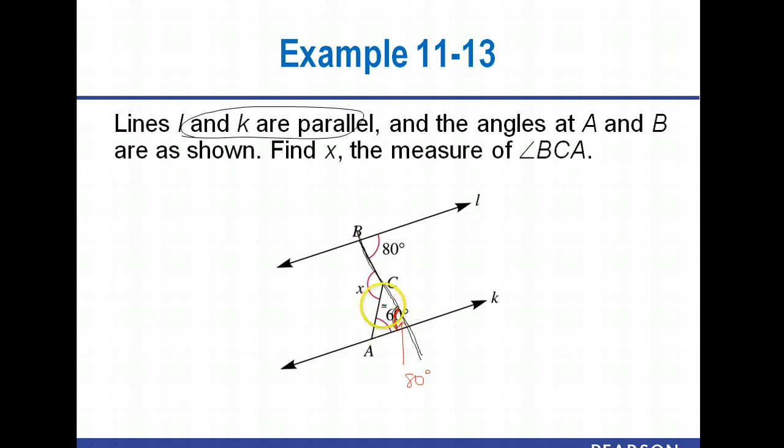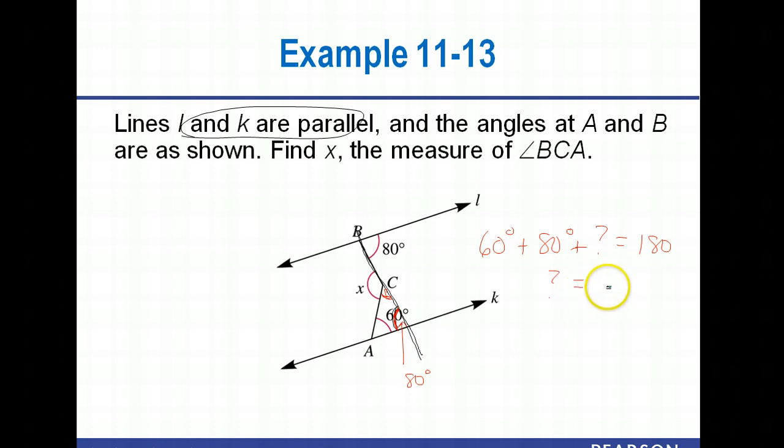Okay, well if that's the case, don't we know then that this is a little triangle right here, and this angle right here, I don't know what that is, but if I labeled it as a question mark or something, I would be able to say this angle of 60 plus that angle of 80 here plus what I don't know at that point has to be 180. Yes, because it's a triangle, right? And the interior angles of a triangle add to 180.